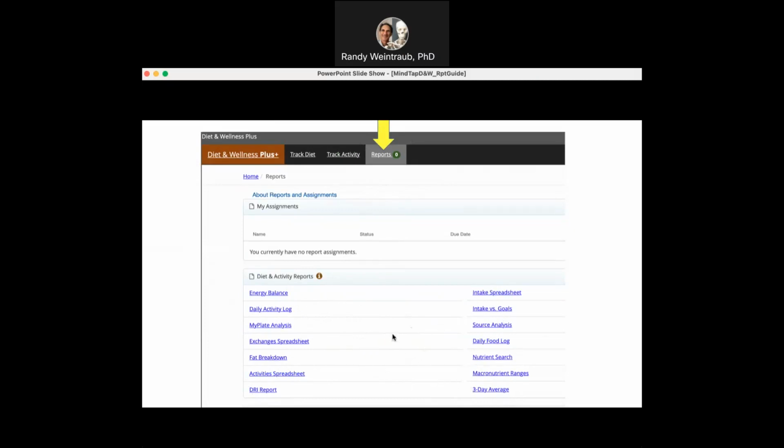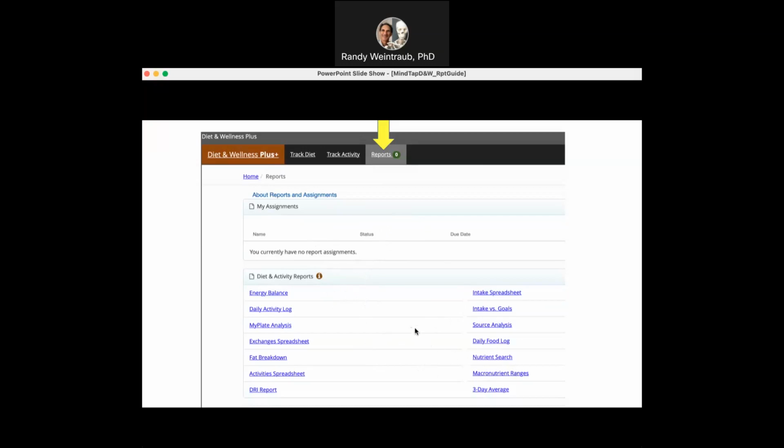If you've put in good data, it's interesting to see some of the things around your eating and activity patterns. That's what the questions are meant to stimulate, to make you curious about learning more about your diet and wellness, and possibly making some plans to improve that.